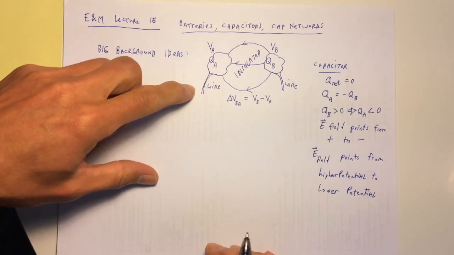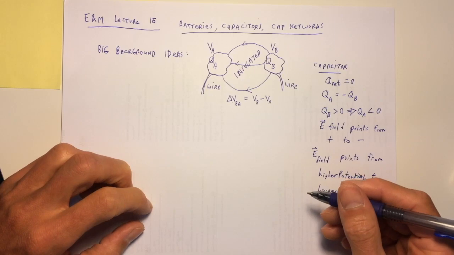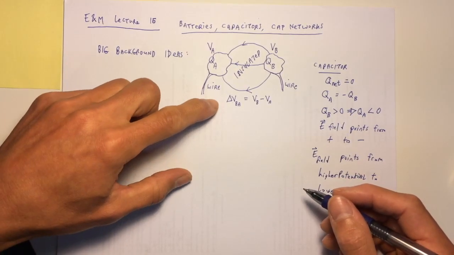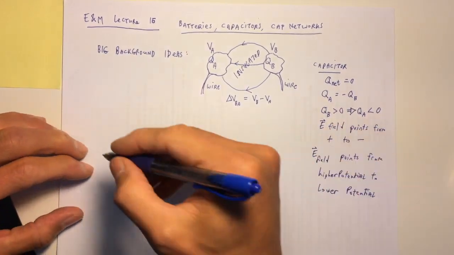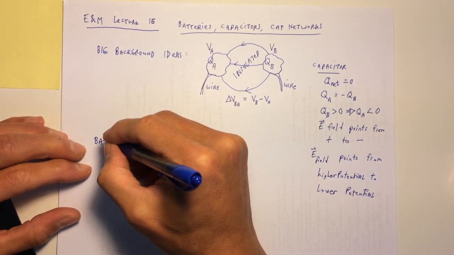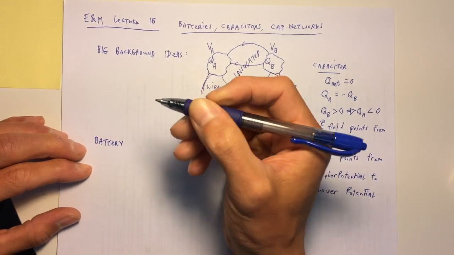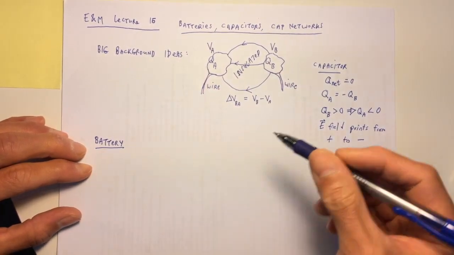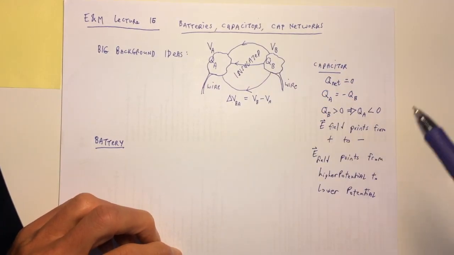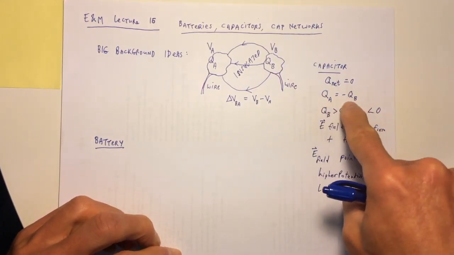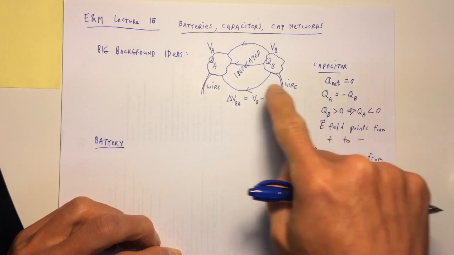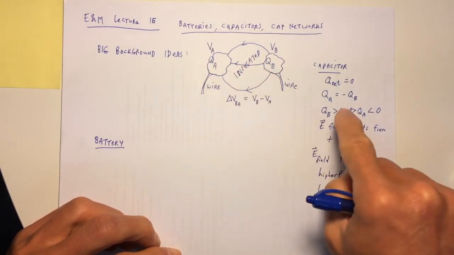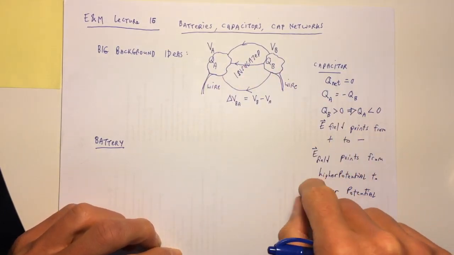So the next background idea is to add in what's known as a battery. And so you might wonder, how did I get this charge separation, where the net charge is still 0? I got some sort of charge separation.